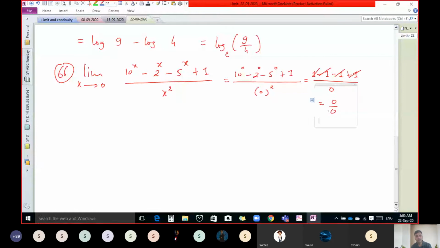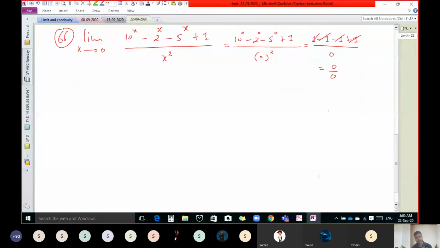And once we get 0 by 0, either you have to factorize, first thing, or you have to rationalize, second thing, or you have to use the results. Factors of this is not simple. Rationalize, there is no question because there is no root sign here. So we have to use the result, and even it is power function 10 raised to x.